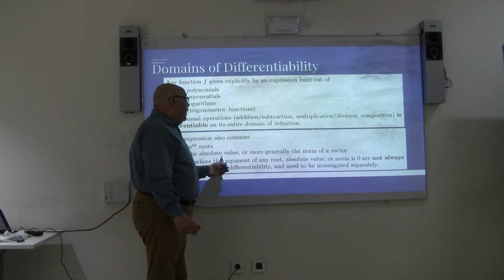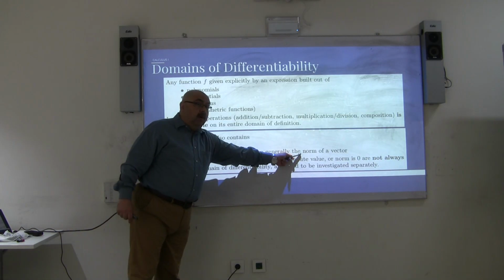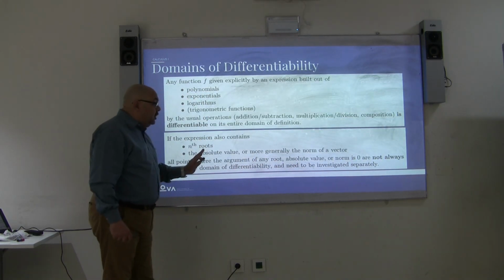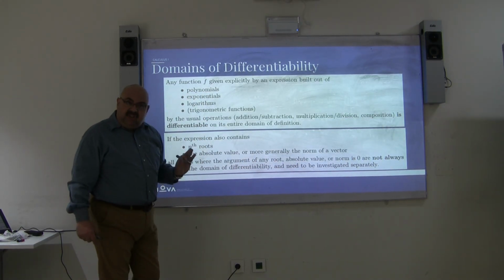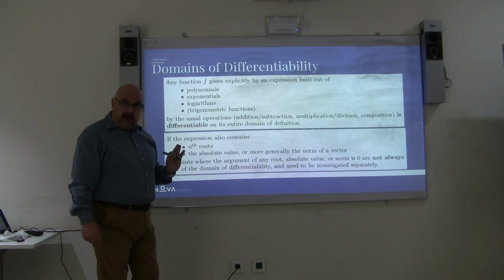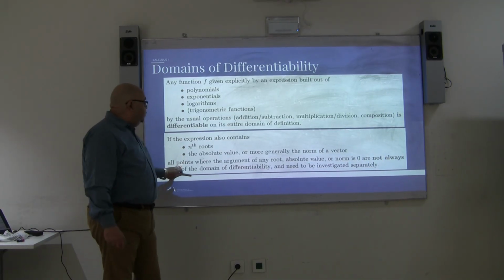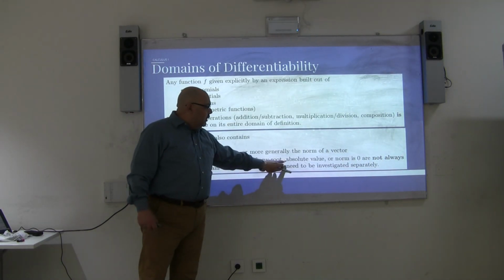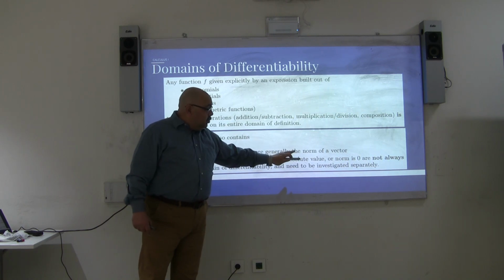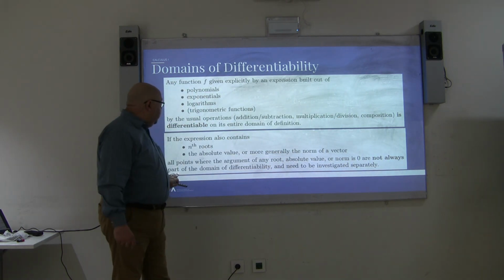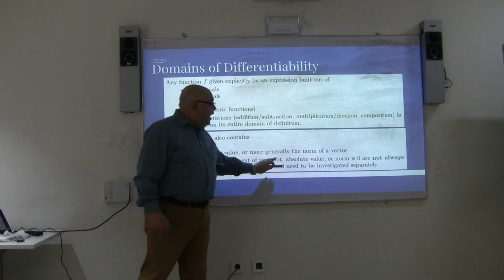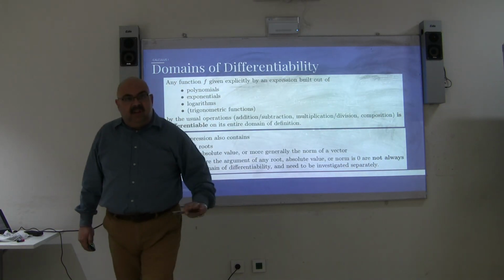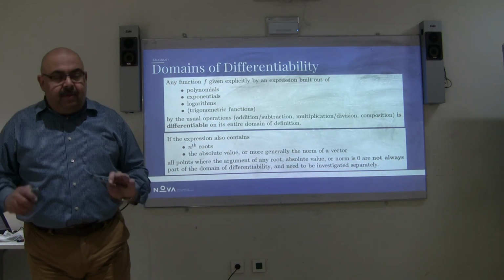Okay, the absolute value, or more generally, the norm of a vector, I will have to study using the definition and step by step. So once more, all points where the argument of any root, absolute value or norm is equal to 0 are not always part of the domain of differentiability, and they need to be investigated separately. I need to focus on them and study them.